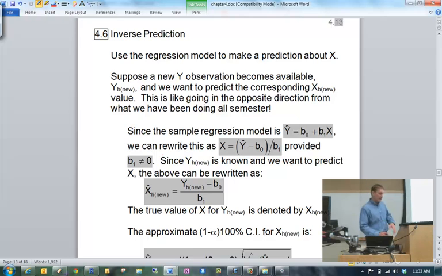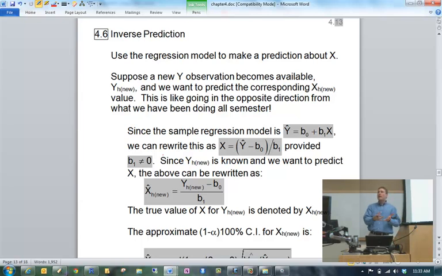Okay, now here's something that we are going to do. It's called inverse prediction. Kind of an interesting problem. So far we've been focusing on using our predictor variable to make predictions about our response variable y.